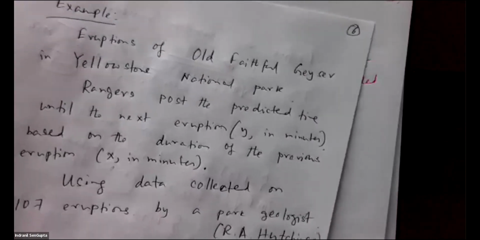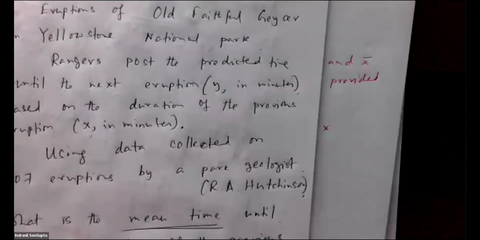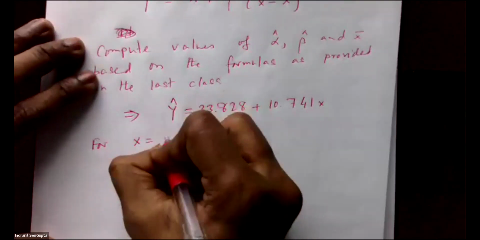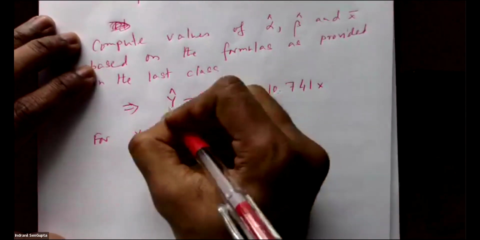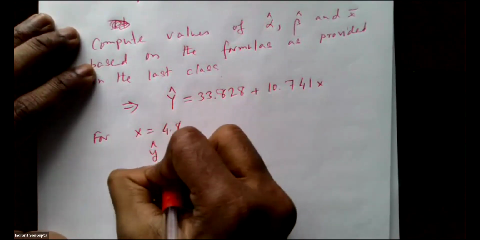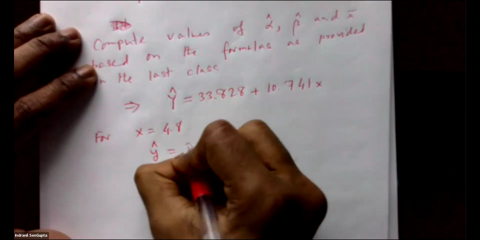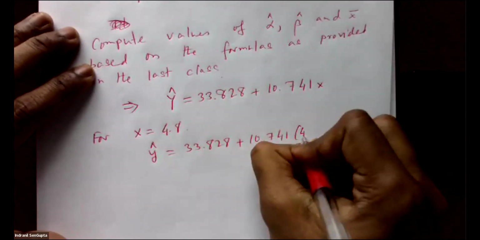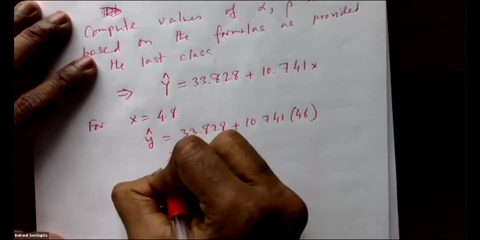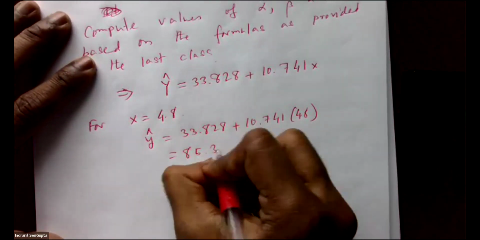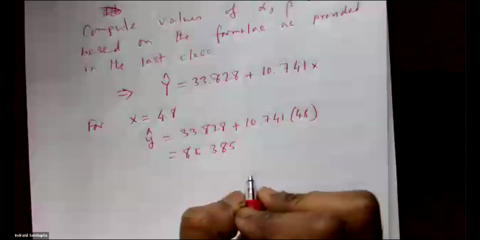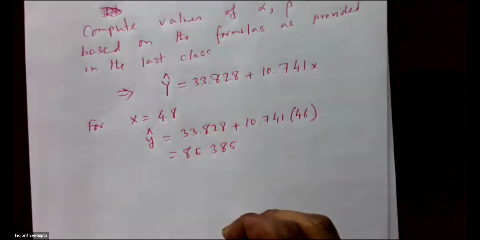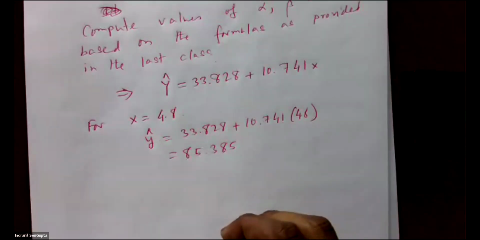Oh, here it is. So it's 4.8 minutes, right? So for 4.8, the corresponding value of little y hat is 33.828 plus 10.741 times 4.8. If you compute this, it's 85.385. So that's my little y hat, that's my observation.